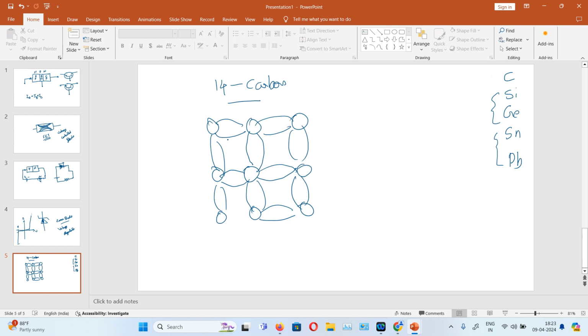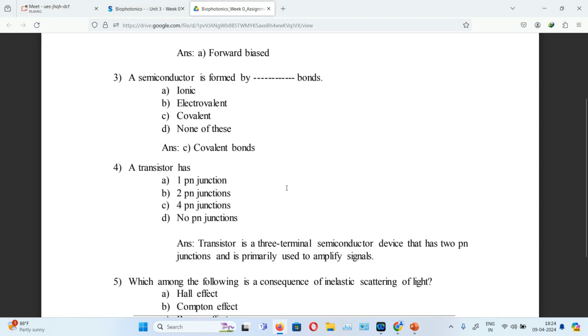When we add impurities called donors or acceptors, they can create some extra electrons or extra holes. So the answer to this question is covalent bond.